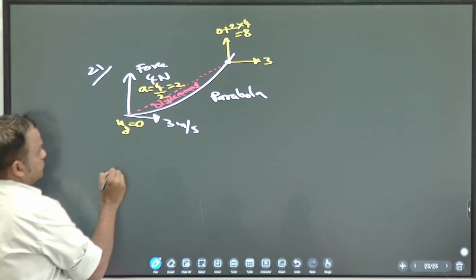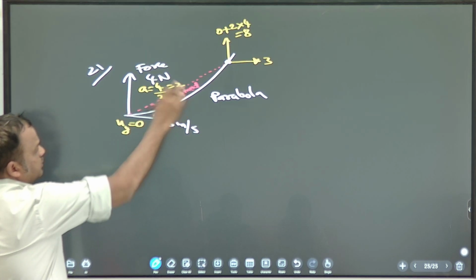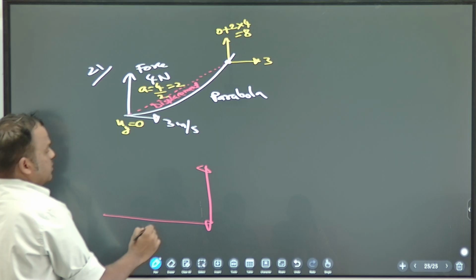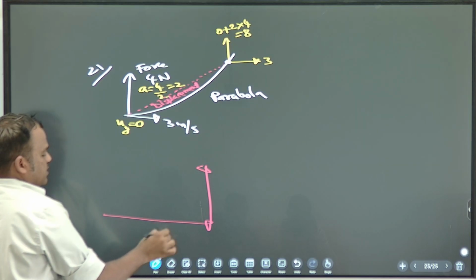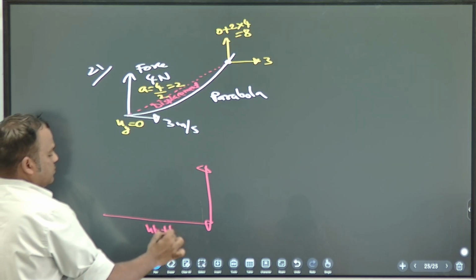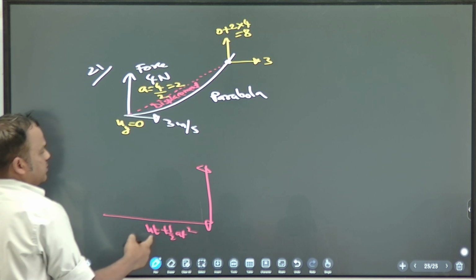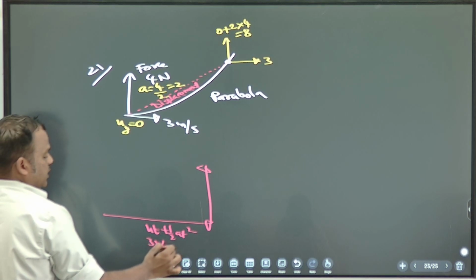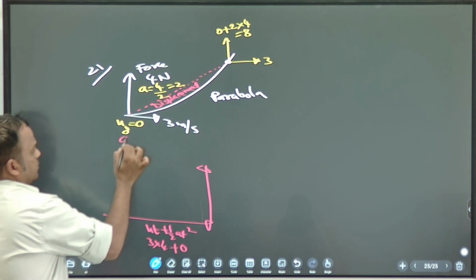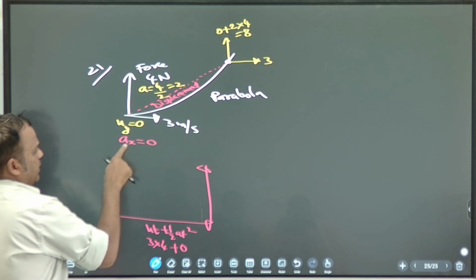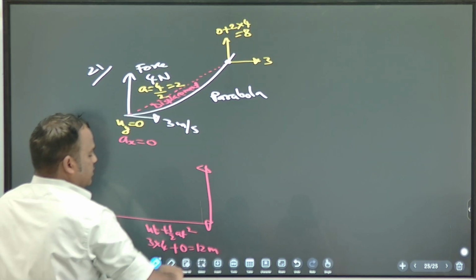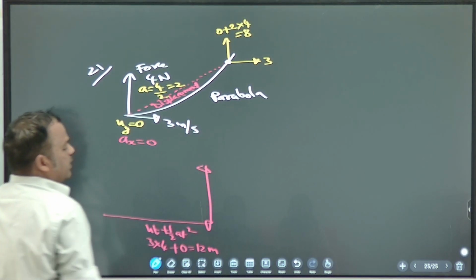So now find displacement. So x direction, y direction. X direction, ut plus half a t square. So x direction initial velocity 3, time is 4, acceleration ax is 0. So 12 meter it is going x direction, and y direction how much going?